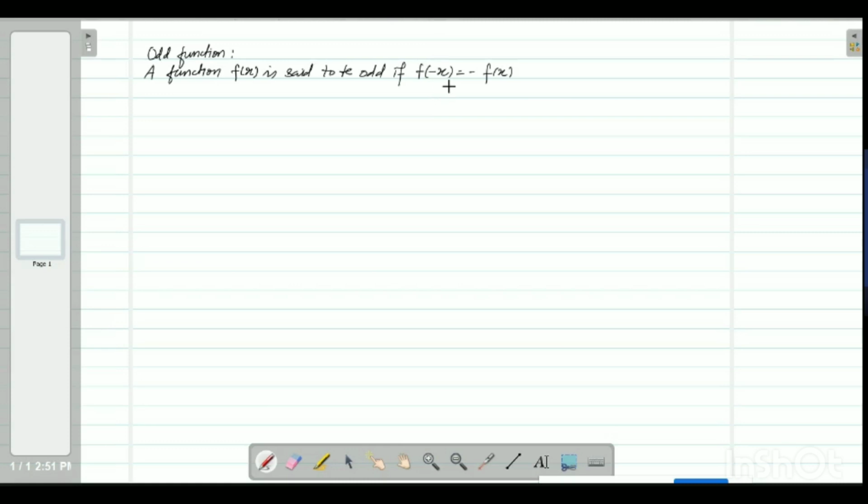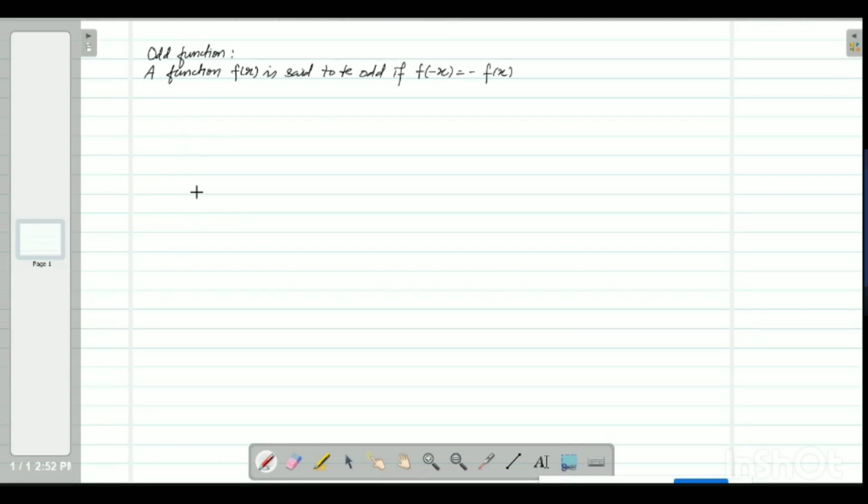If your function satisfies this condition, then that function is known to be an odd function.